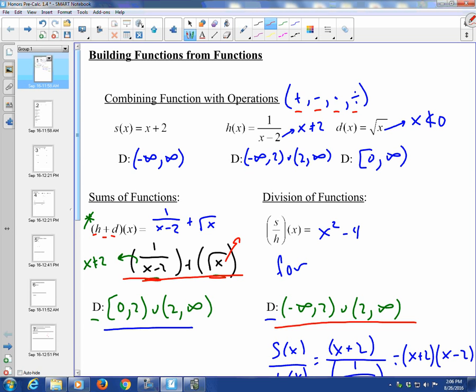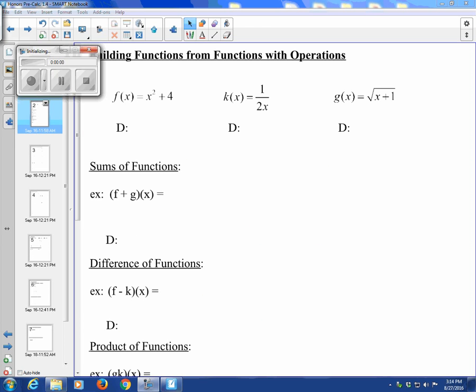Then we see if there are any restrictions that come from the combination of those two equations with the given operation. And then, of course, we'll have our domain. Then we can simplify that equation, taking down the parentheses and canceling anything out, because we'll know the restricted domain we're going to get for the graph.